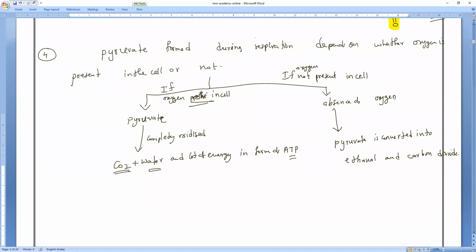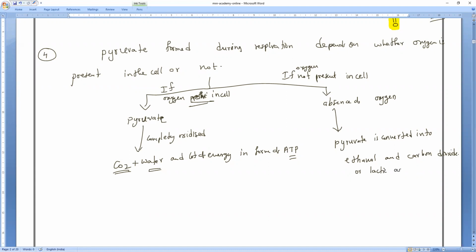Any doubt, anybody can ask. Clear, guys? That is what you have to remember. Either it will form ethanol and carbon dioxide, or one more, lactic acid also.